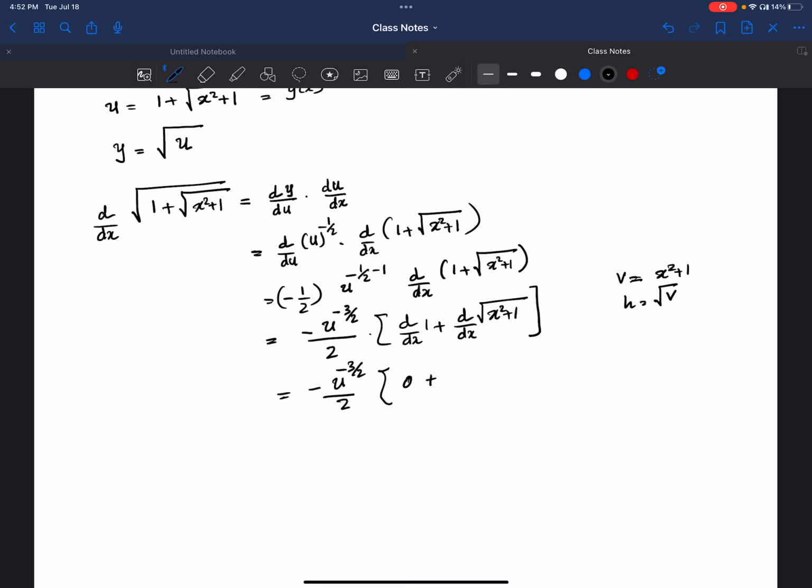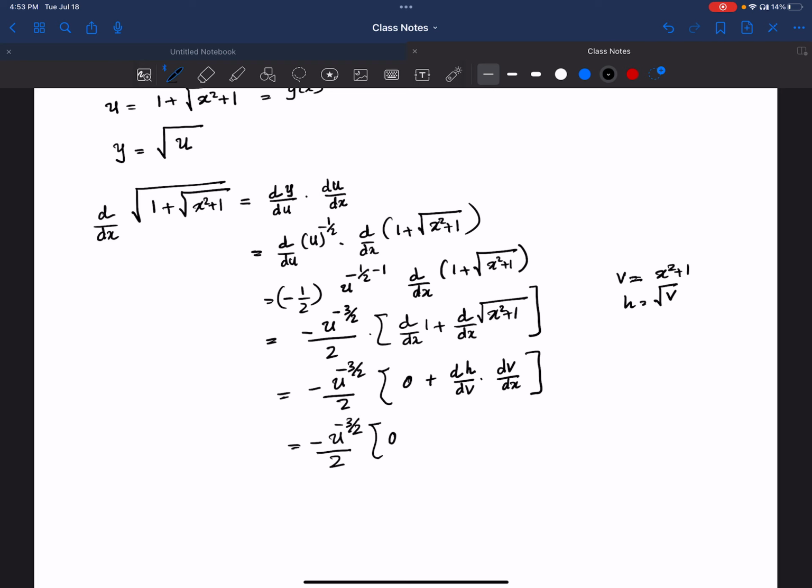your y is equal to, yes, you need dh over dv times dv over dx, again using the chain rule, right? So we have negative u to that over 2. This is 0.